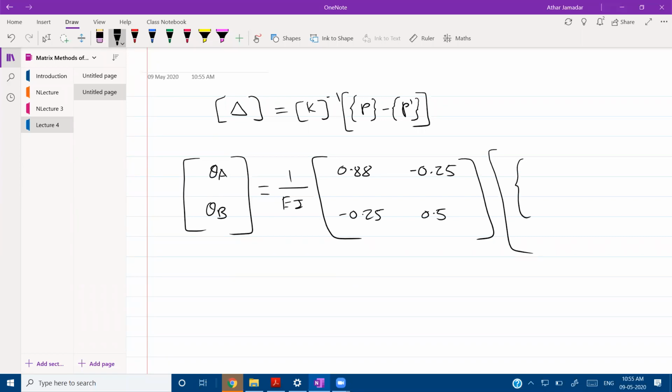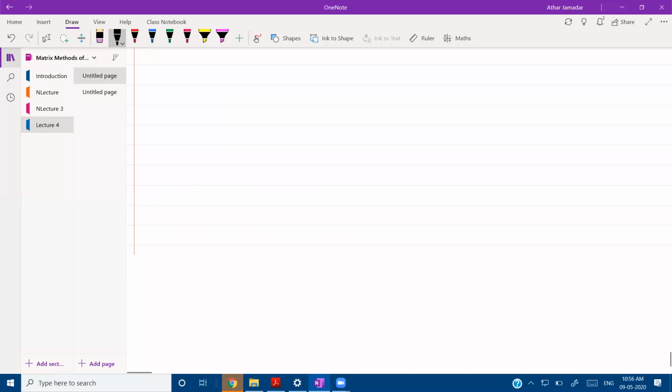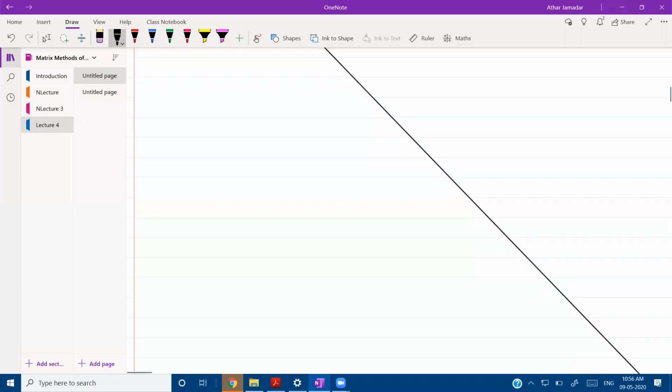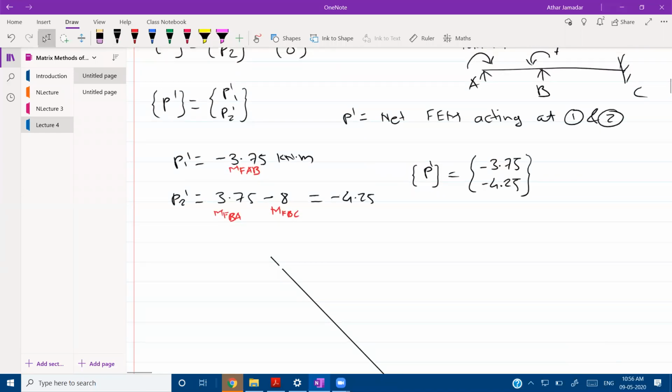Now P vector is 0, 0, minus P dash vector, which we just found out: minus 3.75 and minus 4.25.